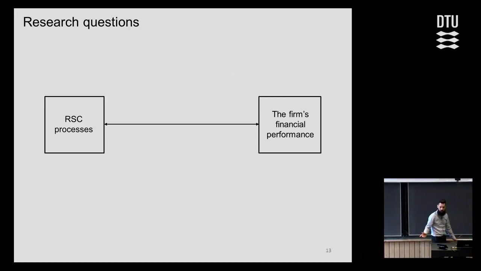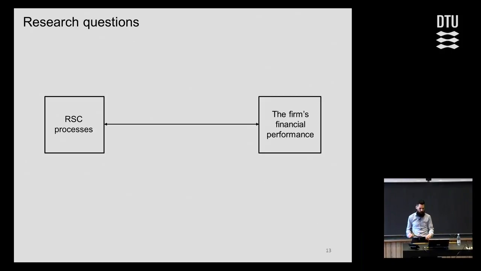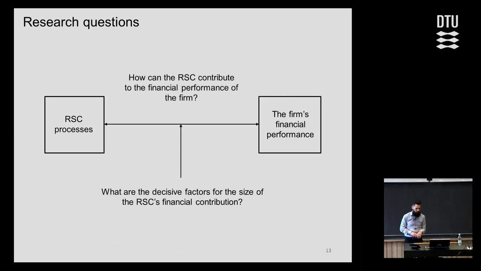So this is the basic relationship that this study is looking at: how the physical, practical reverse supply chain processes can impact the financial performance of the firm. And by firm, I mean these original equipment manufacturers. I have asked two questions. How can the reverse supply chain contribute?